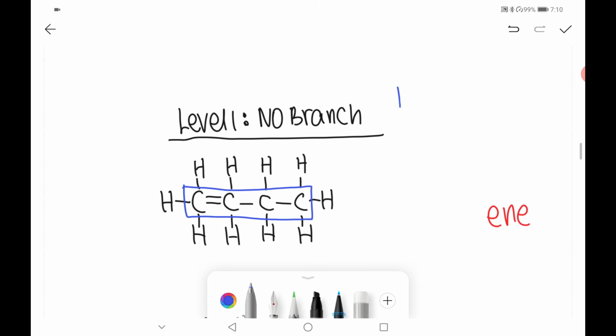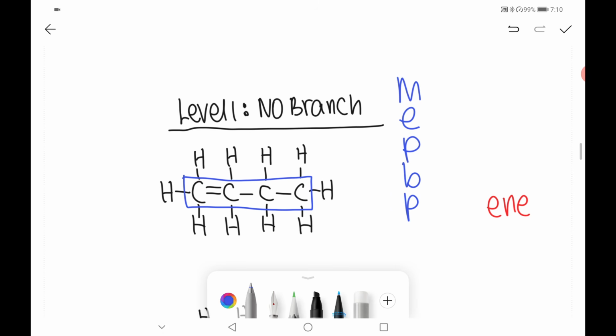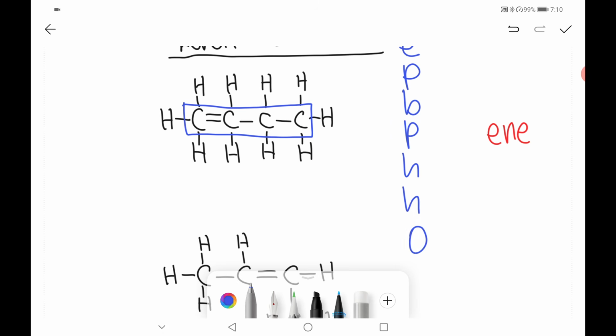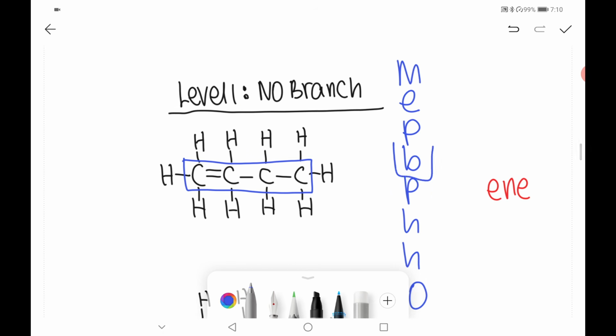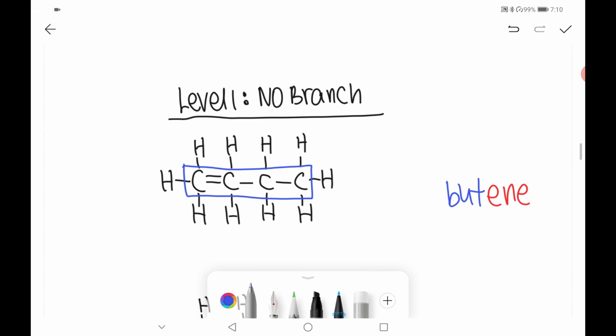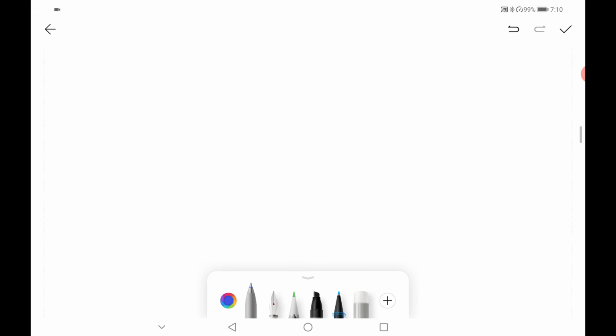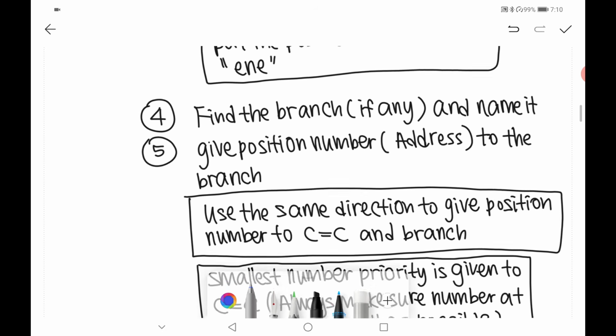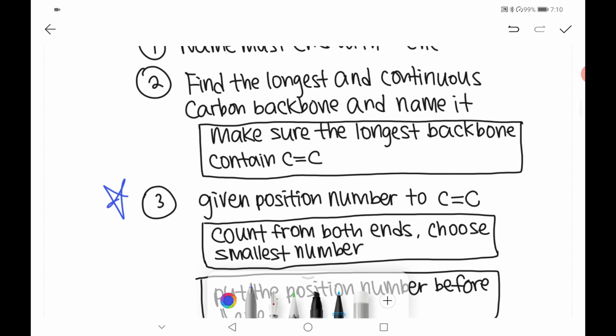Remember, Mama ate papaya, but Papa has hidden orange. So 4 carbon is here, B is but. Okay, but, butene, B-U-T-E-N-E. But for alkene you need to specify the location of the double bond.